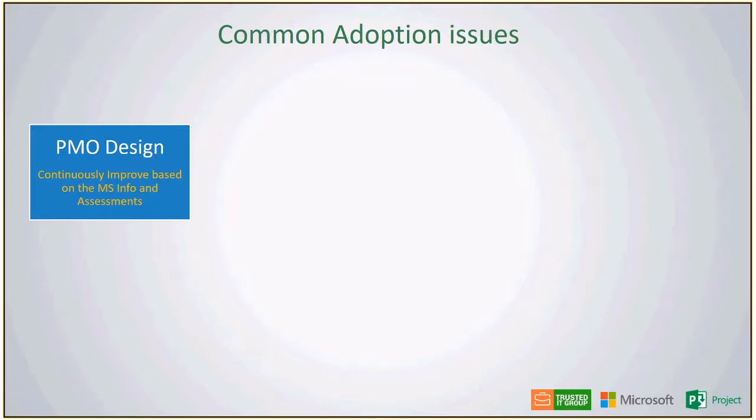So we continuously improve it based on the Microsoft and managed services information and assessment. By understanding what is going on with all the users and all the processes, every quarter we come up with the PMO and understand what things are not working, and what things should work in the future.